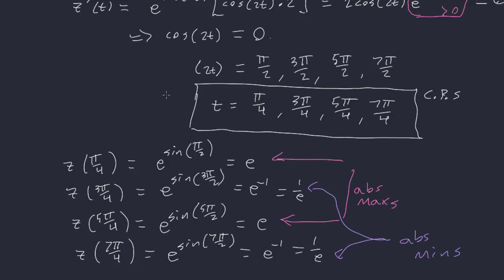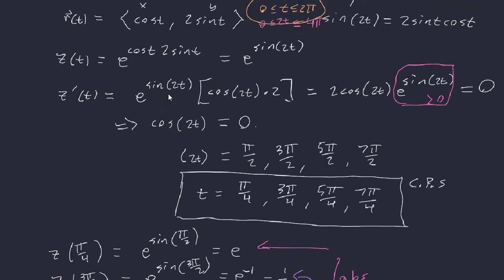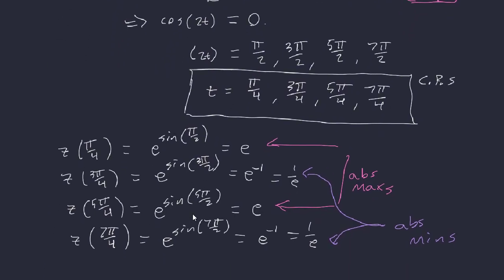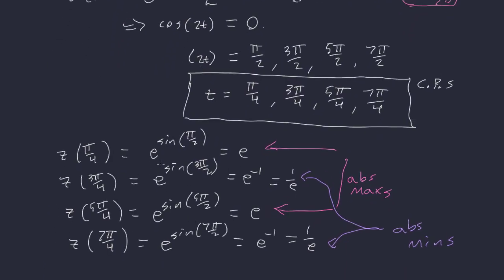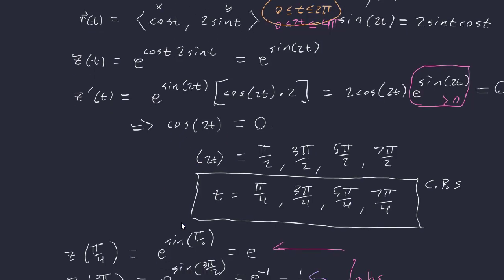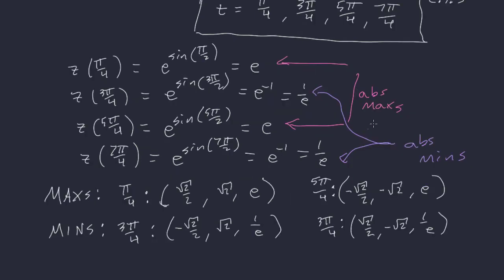When we look at the x and y values at these points, they're all going to be essentially multiples of root 2 over 2 and root 2. Putting this all together, the points for my maximums are root 2 over 2, comma root 2, e, and negative root 2 over 2, comma negative root 2, comma e.